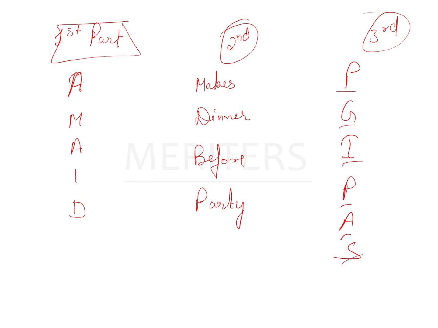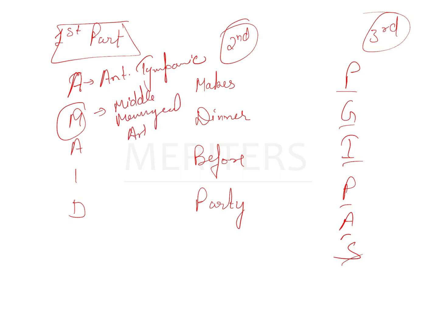Now if you see here, in the first part, A is going to be your anterior tympanic branch. Then M is going to be your middle meningeal artery. Then A here stands for the accessory meningeal artery.